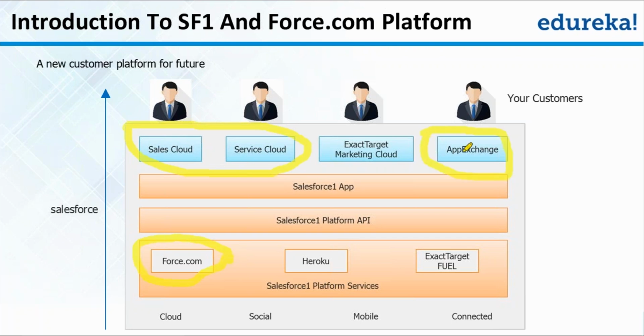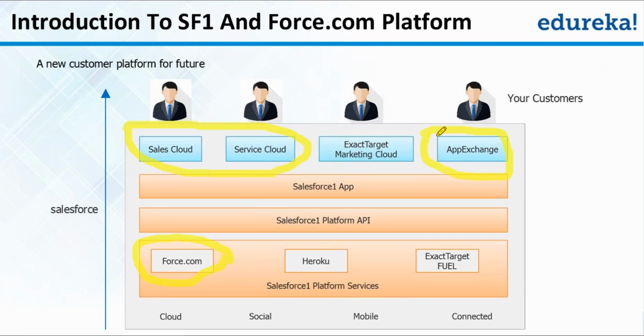This is similar to your Google Play Store or Apple stores, where people build their own apps and publish them on this marketplace for free or for paid, and then people can use it along with the platform. It could be an accelerator or a productivity improvement tool. It could be some functional tool also, which may be addressing a gap in Sales Cloud and Service Cloud, provided by a third party vendor.